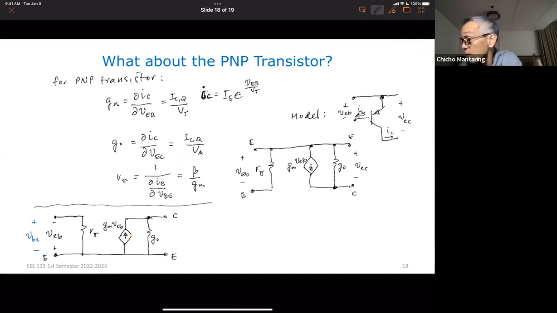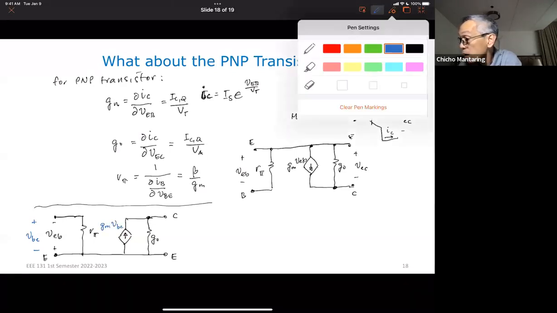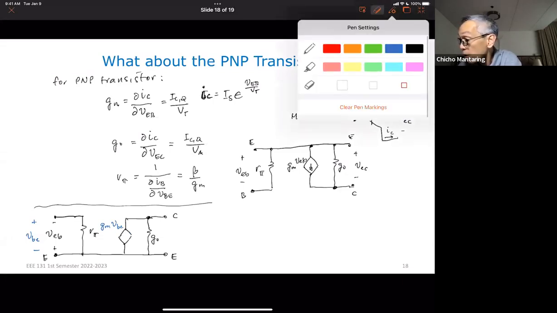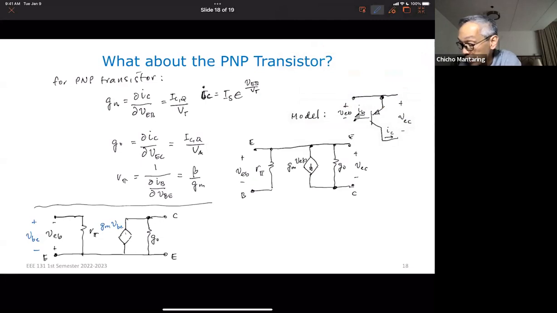So I will express this in terms of VBE, and then I will change the direction of this. So ito gagawin kong GM VBE, and then now this will be in the downward direction.